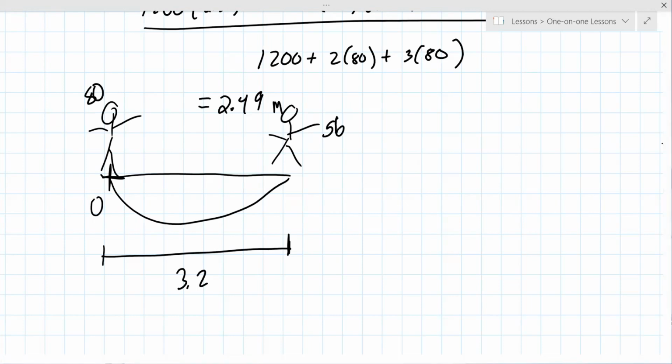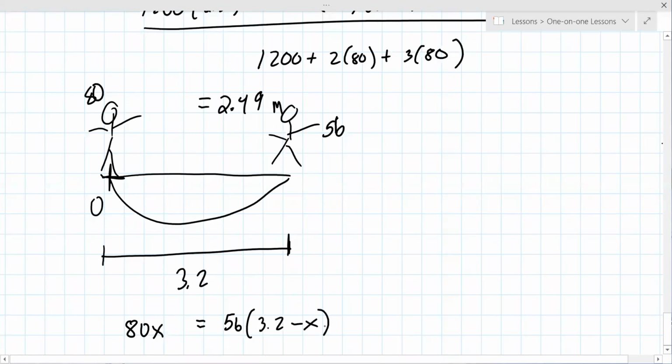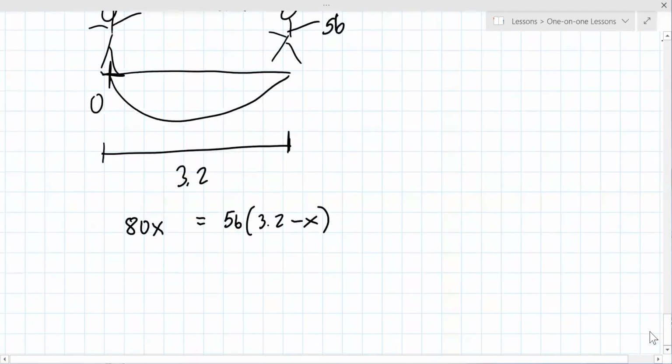We'll try solving this here. We've got 80 times however far it moves equals 56 times the length of the boat, 3.2 minus x. We need to solve that for x.